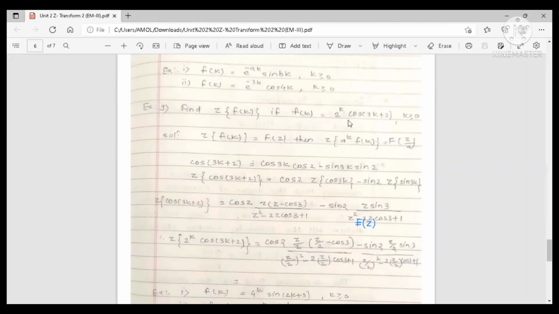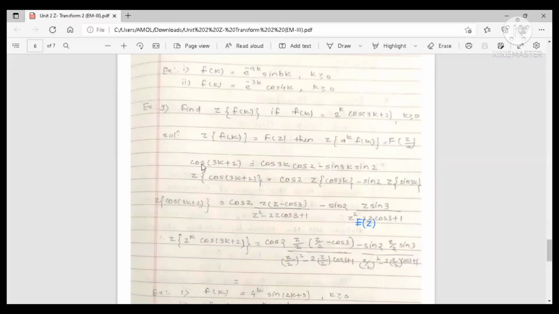This is the change of scale property of Z transform. We use this property because there is a product of two sequences. Cos of 3k plus 2 is your f of k and 2 raised to k is in place of a raised to k. So first find the Z transform of cos of 3k plus 2, then use the change of scale property.